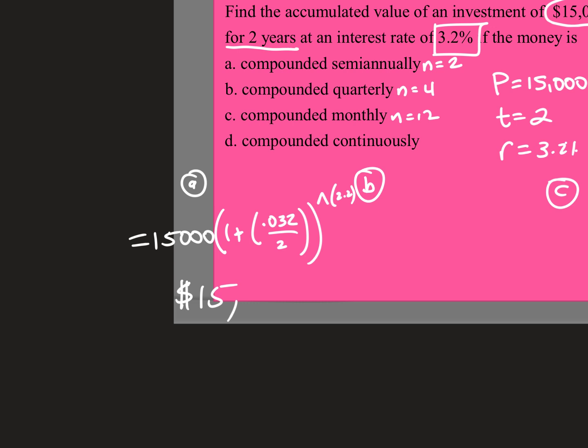15,000. Somebody, what else? Anybody else get anything? Tell me, Carl. I got 15.